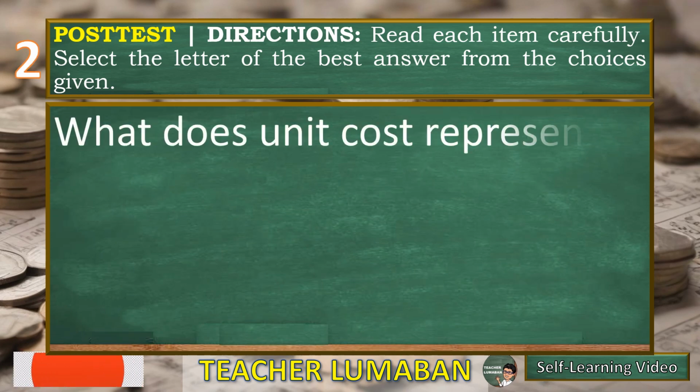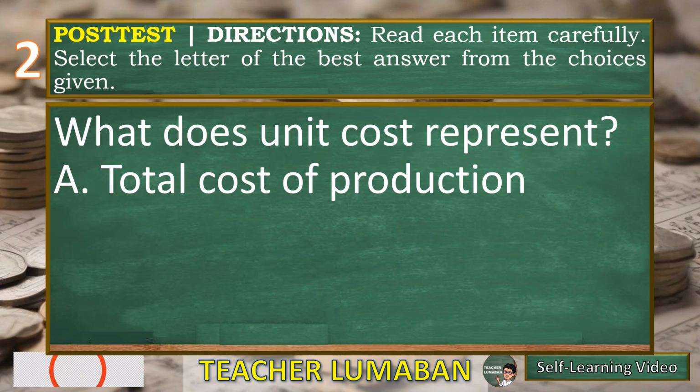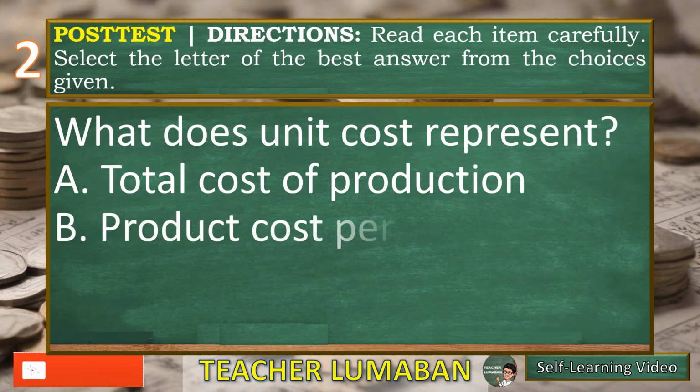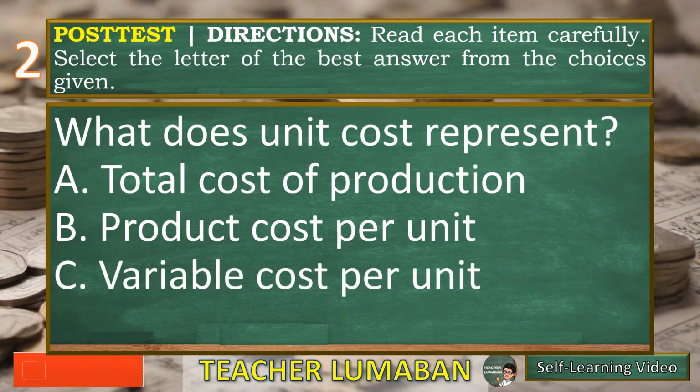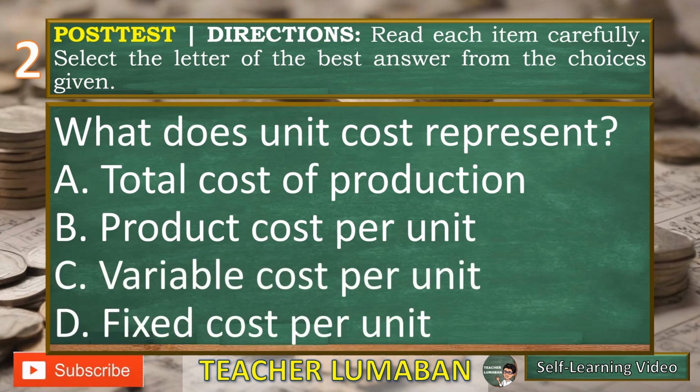What does unit cost represent? A. Total cost of production. B. Product cost per unit. C. Variable cost per unit. D. Fixed cost per unit.